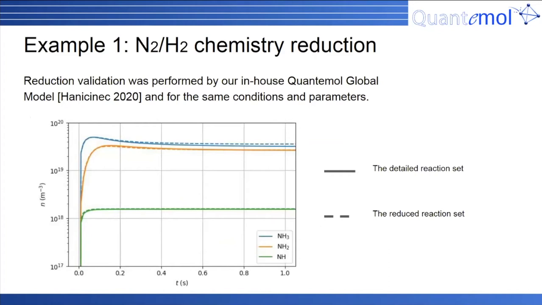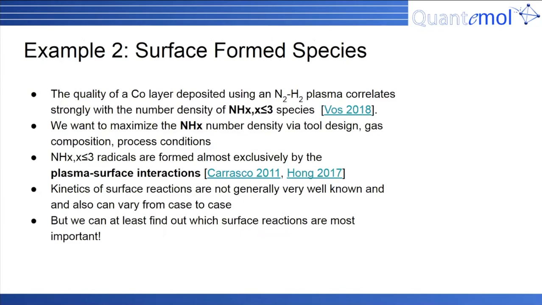Now, you can use these tools, which are in this suite, not only to do the reduction. For example, we have this species ranking method and some other diagnostic tools, which you can also use to analyze your chemistry set, for example, to identify important reactions, such as surface reactions, which are kind of the bane of plasma simulations, because data on them is relatively scarce, and they also tend to vary a lot depending on the type of surface and also on the actual process conditions with the same type of gas mixture and surface.